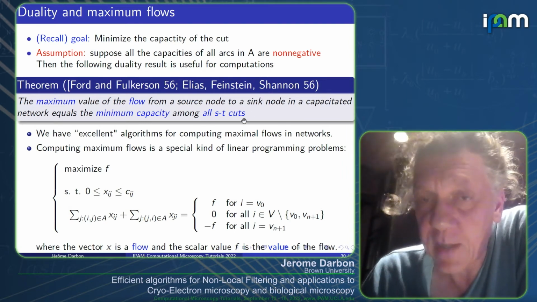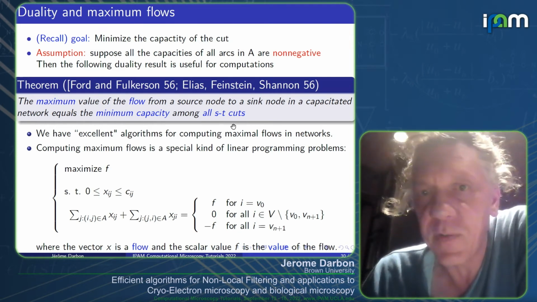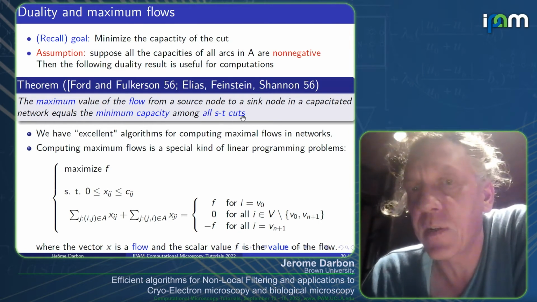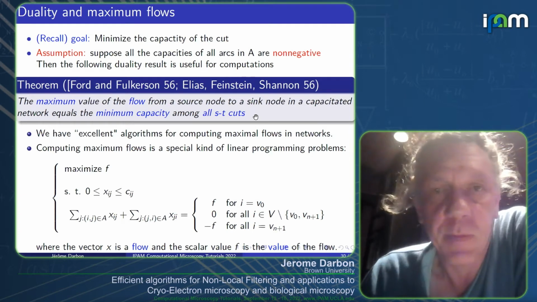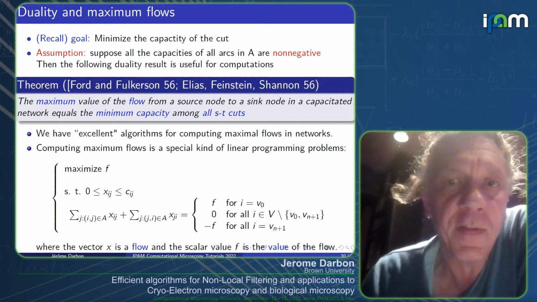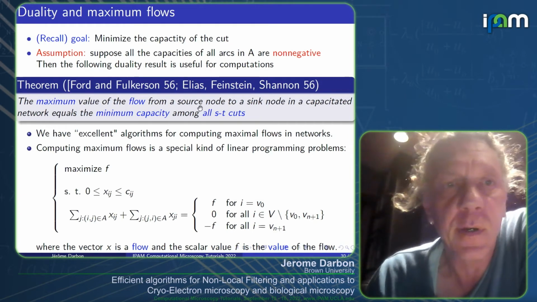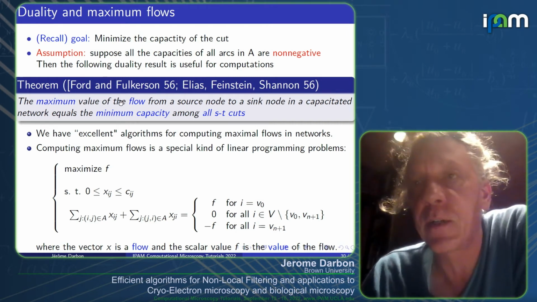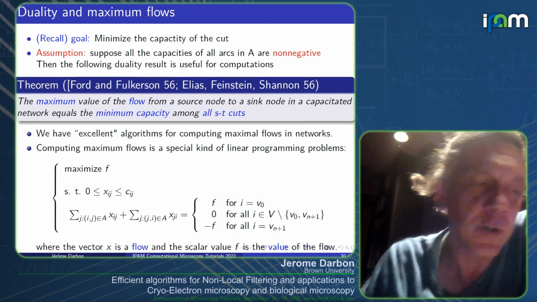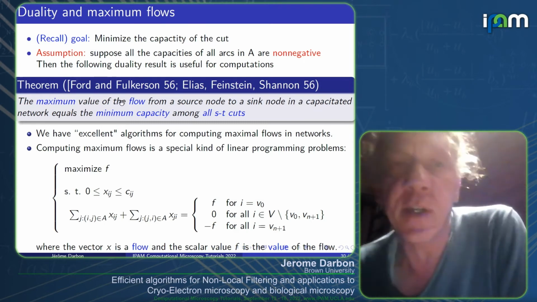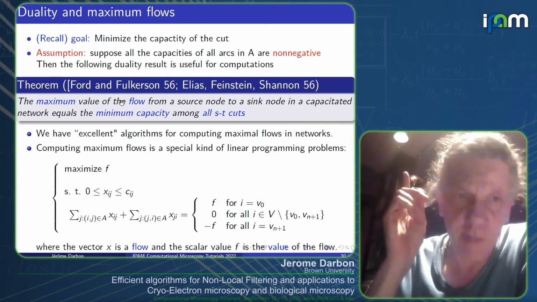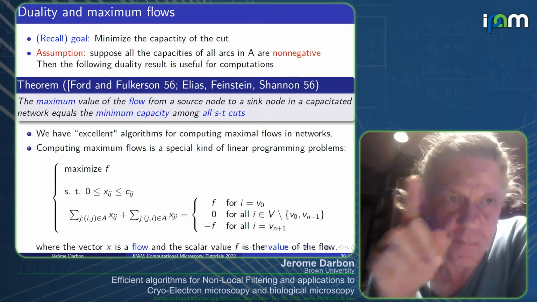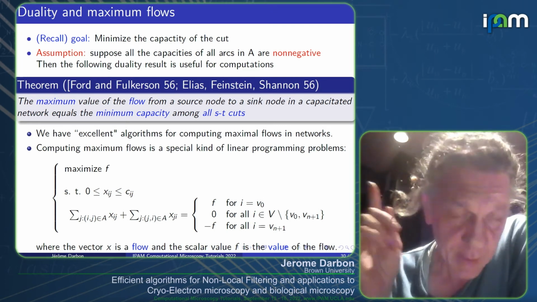We do not have, as of today, good algorithms to compute minimum cuts. We just don't know. Maybe efficient algorithms exist, maybe they don't. However, we have very efficient maximum flow algorithms. So when we want to compute a minimum cut in a graph, we compute the dual problem thanks to this theorem.